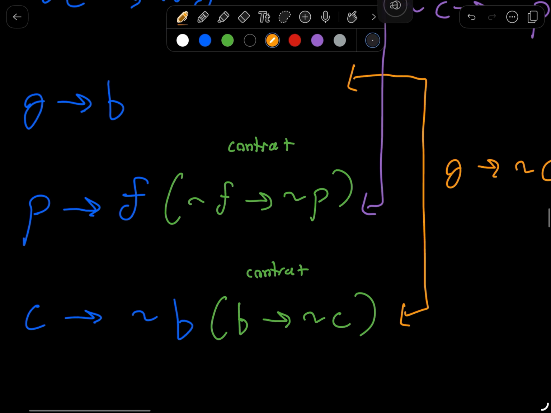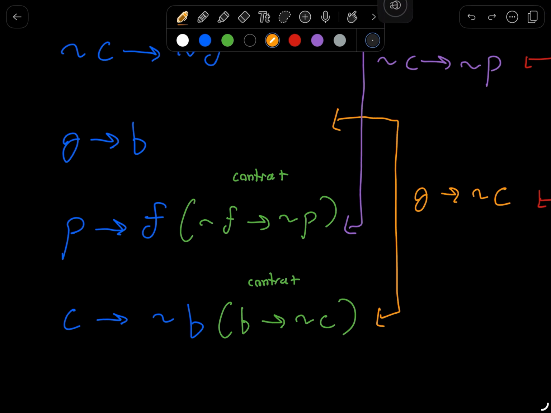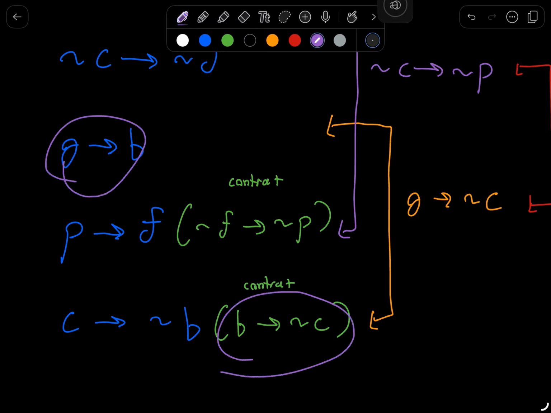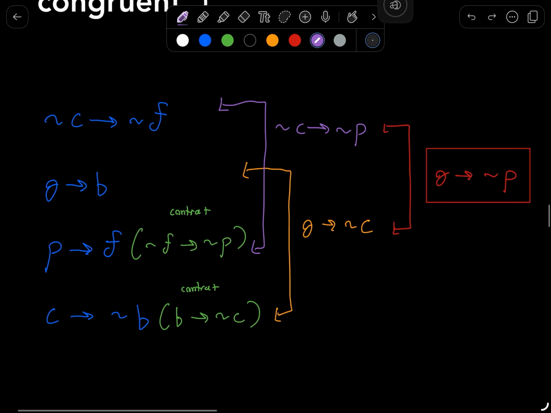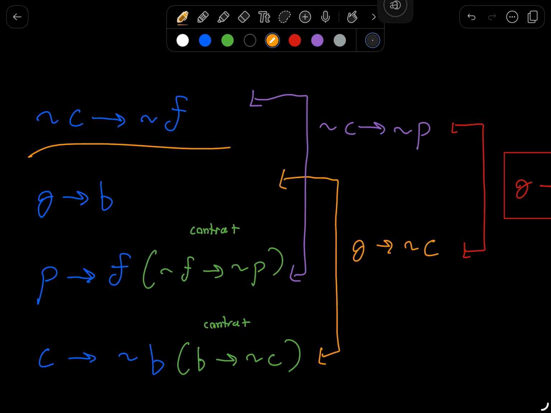So once I did the contrapositive of those two statements, that's given here. What I realized is, hey, we know G goes to B, and we also know that B goes to not C. So you can connect those two with that chain of logic, and you will get that G actually goes to not C, because G goes to B, but B goes to not C. Well, ultimately G goes to not C. So after determining that, I used the last statement that they gave us here, this first one here.